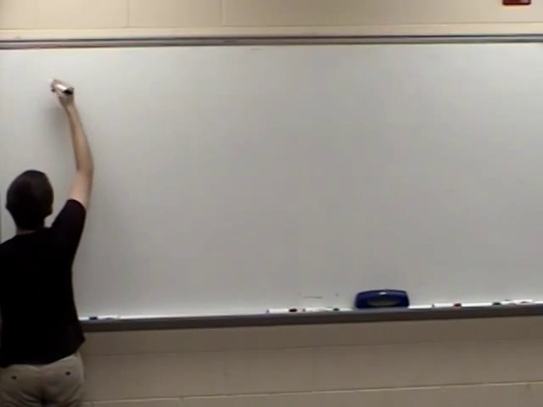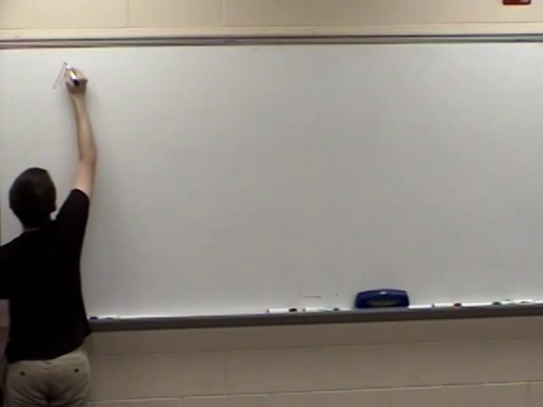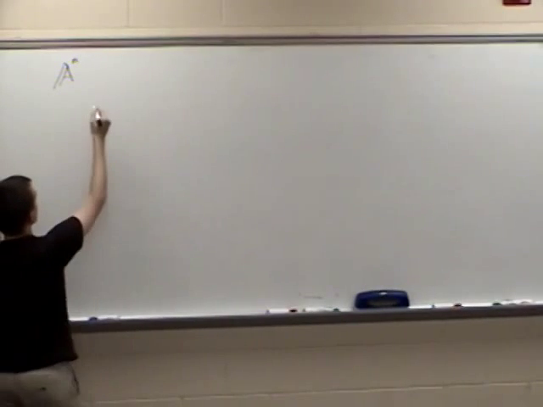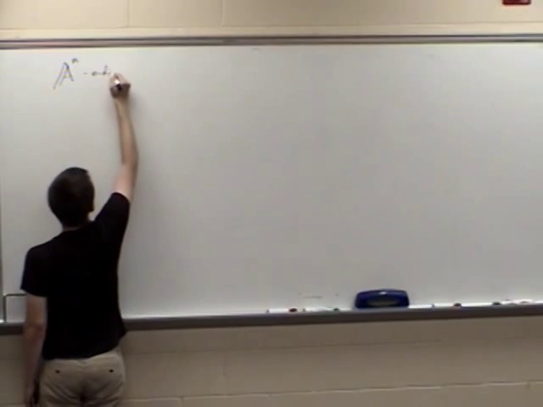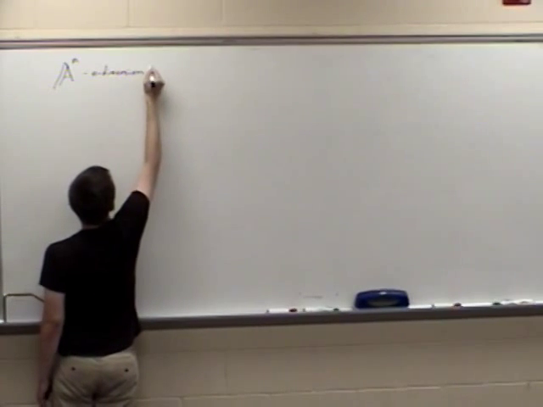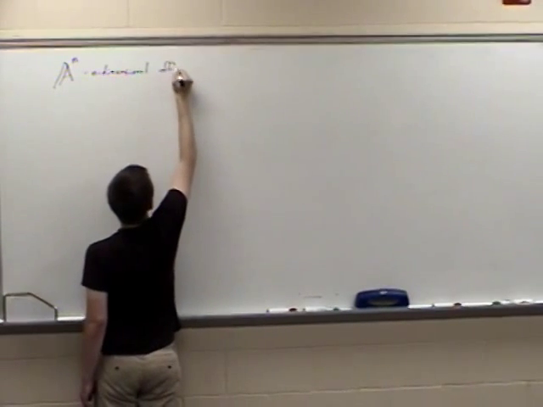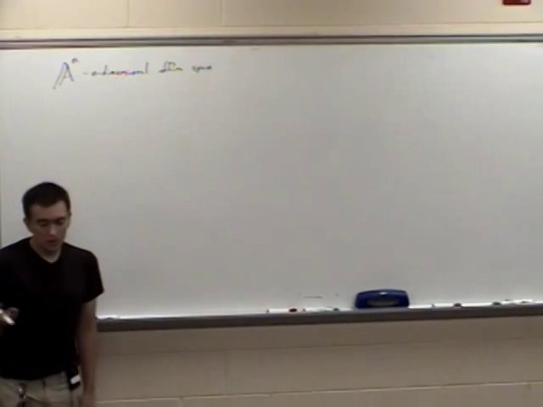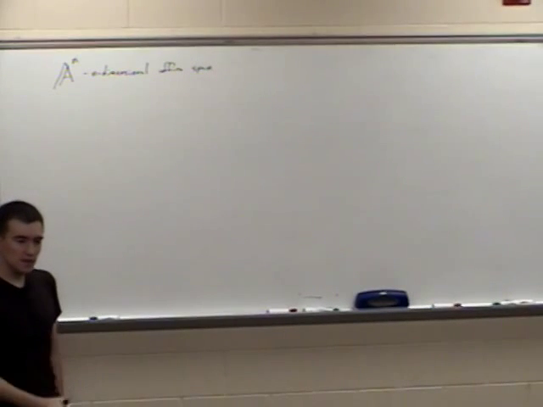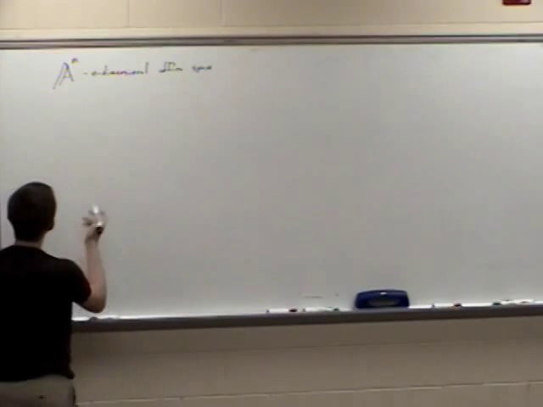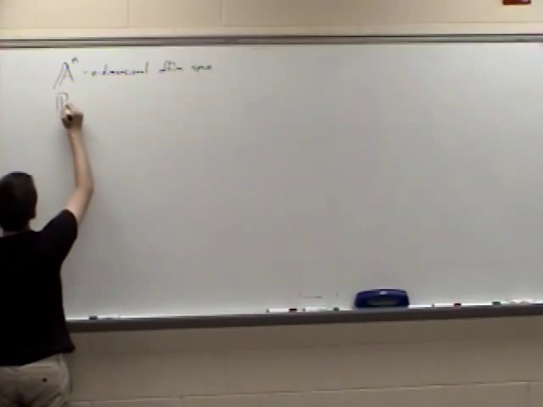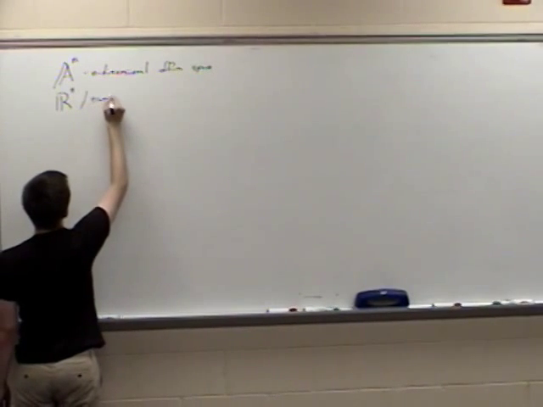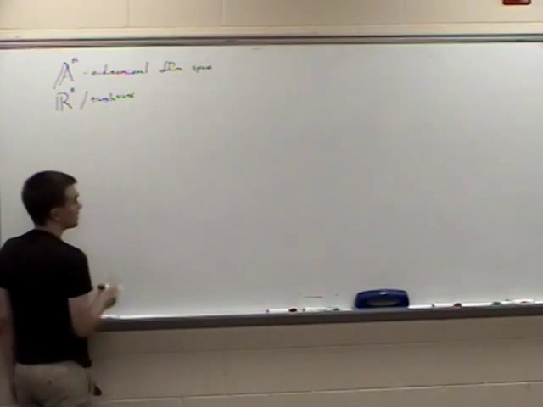So an affine space in n dimensions, which we're going to write as this script A^n, which is n-dimensional affine space, is basically a real vector space, but without any prescribed origin. So one way to think about this is that it's basically R^n mod translations. And I'll explain what this means now, right?